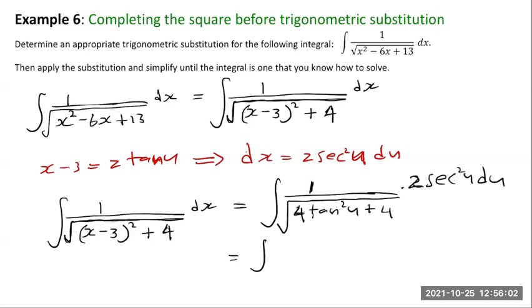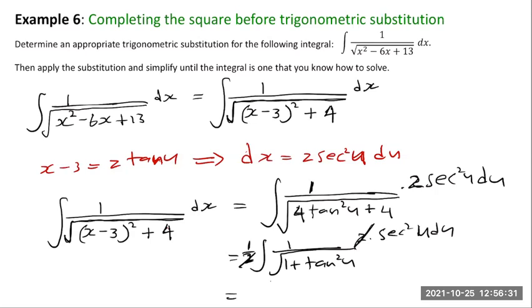Notice that I can pull this 4 out, and then I can pull that 4 out of the square root sign. It will become 1/2. Okay, that 1/2 works out. Then you have a square root of 1 plus tan squared u here, times 2 secant squared u du. Here 2 will be cancelled.